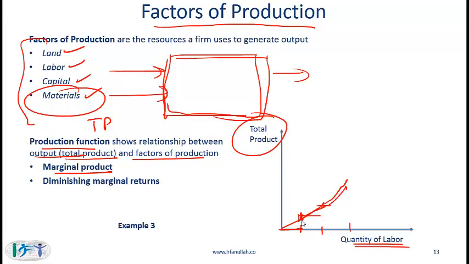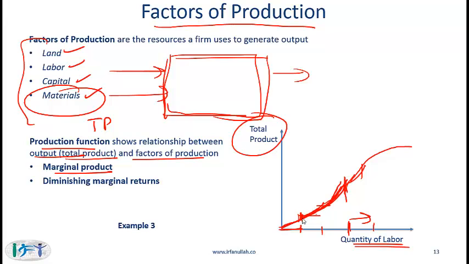Let me draw a situation here where the marginal product is improving as we add more labor, but then after a certain point, we get to diminishing returns. So after this point, there is an increase in output, but at a decreasing rate. What I mean by that is, up to this point, adding more labor increases output, and it increases output at an increasing rate.